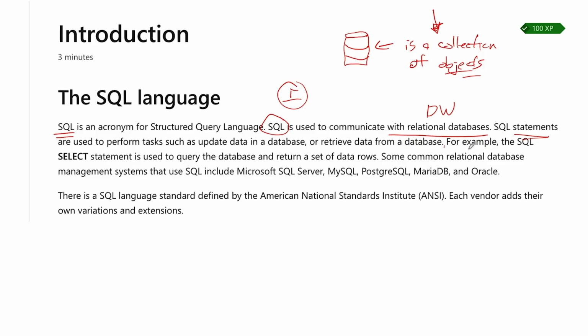For example, we're going to get an example. The SQL select is used to query a database. Query, the select means read. Select, read. There are two different forks in the SQL language, in all SQL, not just Transact.